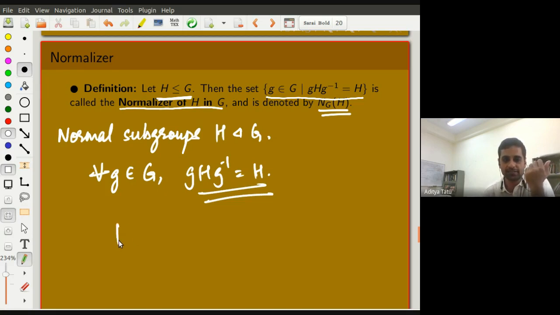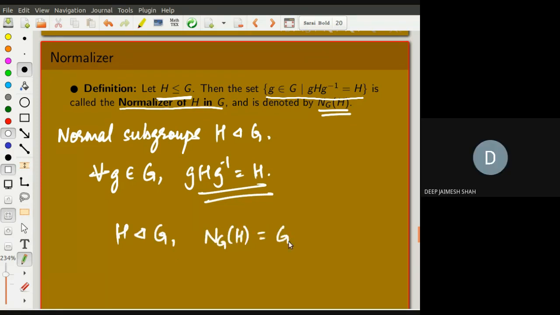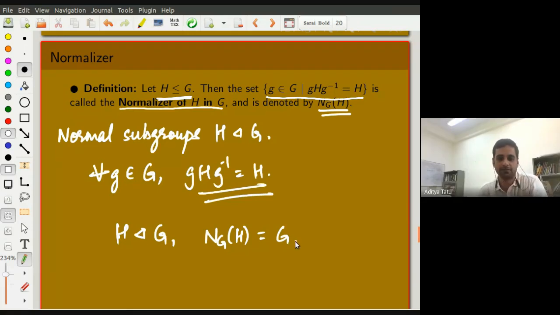Of course, if H is a normal subgroup of G, then what can we say about the normalizer of H in G? It will be the group itself. So that's one important result we already have shown.